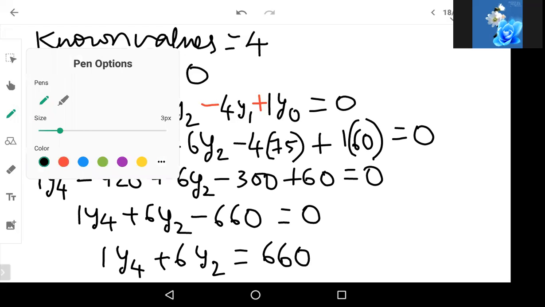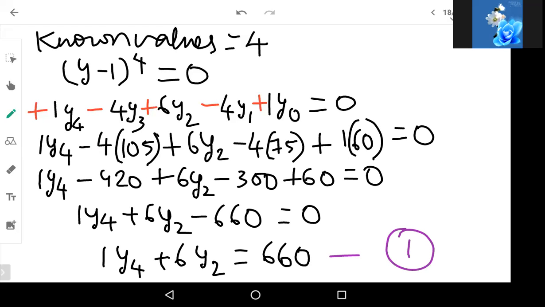So we have got equation number 1, from the first set of data where we considered the first 5 data from y0 to y4. Understood? Any doubts until here? Okay, good. Now this is one equation.